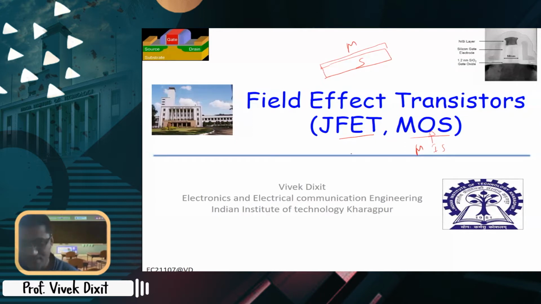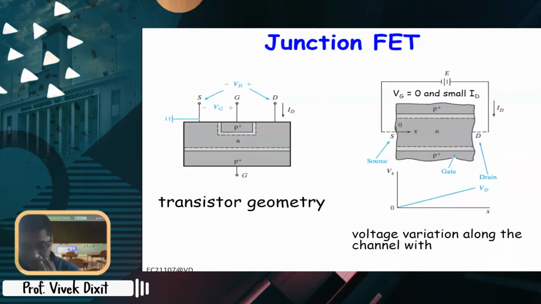So first let us discuss the junction field effect transistor. Now all of you know that if you have a PN junction and you reverse bias it, the depletion width will increase. So by applying a reverse bias across a PN junction, you can control the width of this channel, right?